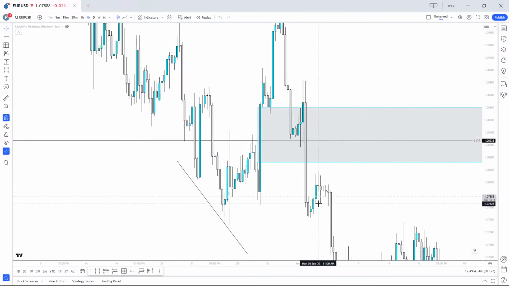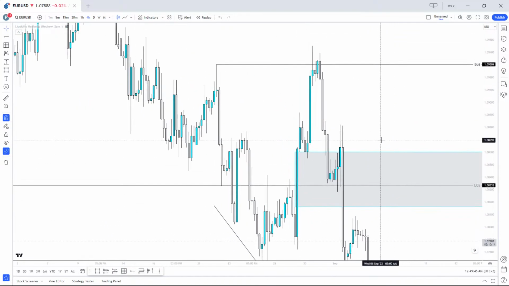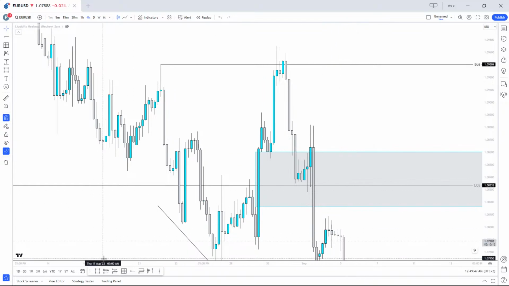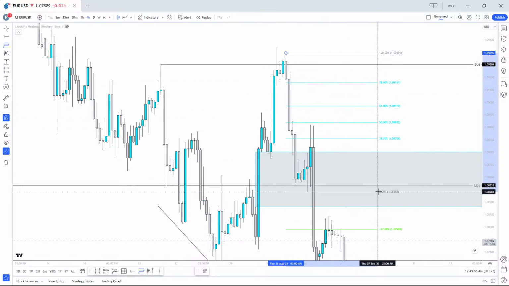And this is, let's say, the reason why this is valid. I mean, we're still backtesting it. And okay, we can draw the Fibonacci off of this top. It actually ends up touching the 50 retracement level. I don't think equilibrium would work here at this point.